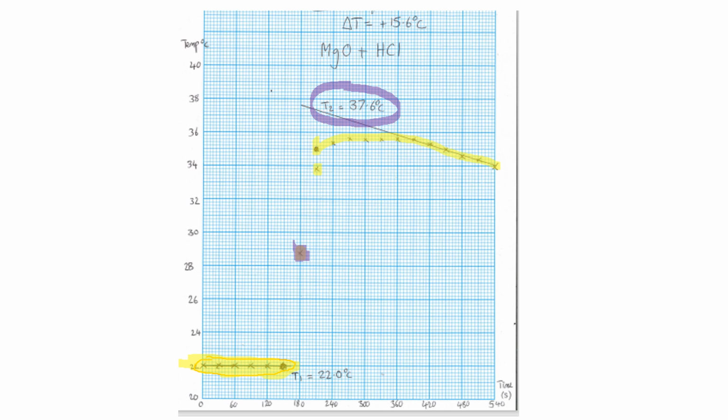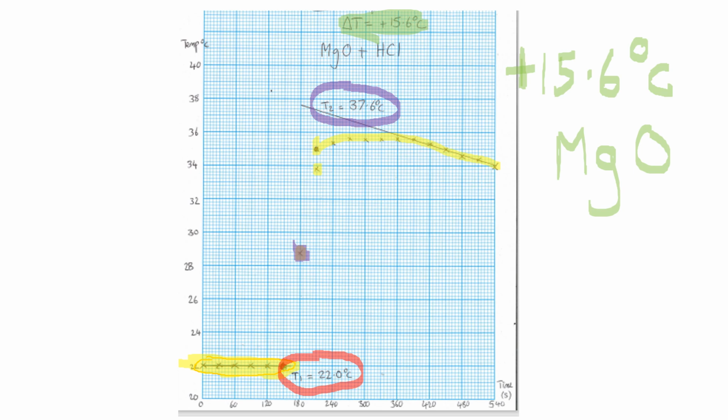For the initial temperature, you extrapolate to 180 seconds, and you can see the temperature was 22 degrees Celsius. So you've got an initial temperature of 22 and a maximum temperature of 37.6, and therefore delta T is 15.6 degrees Celsius. It's gone up by 15.6 Celsius for the magnesium oxide.